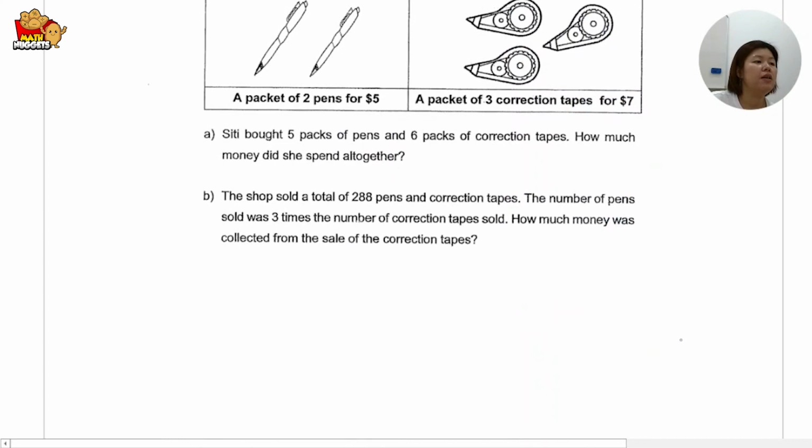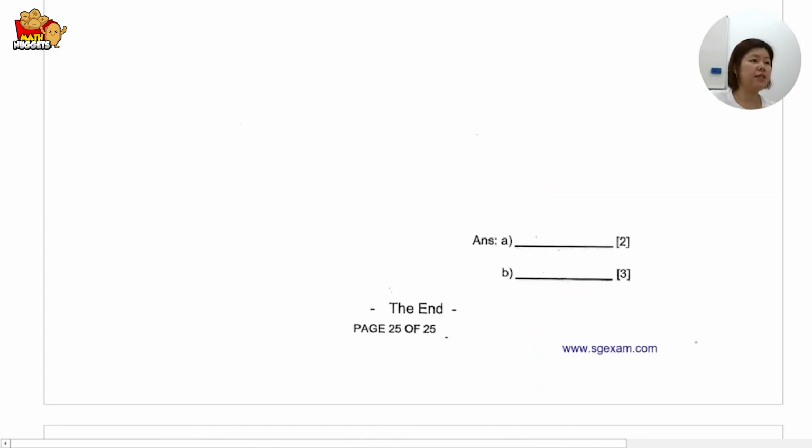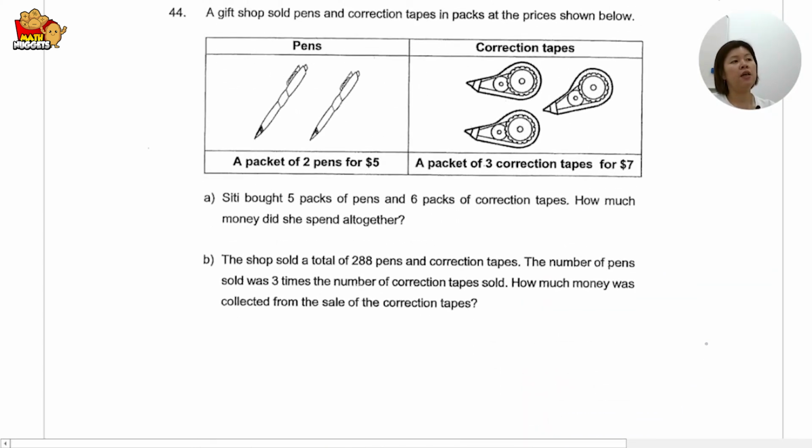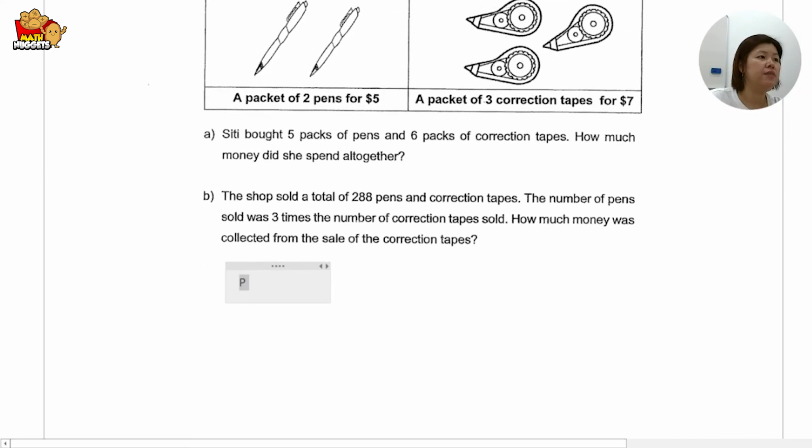Okay, next one. I think it's the last question. Okay, here there is pens and correction tape, but the pens is sold at a packet of 2 pens for $5, and the correction tape is 3 correction tape for $7. Siti bought 5 packs of pen and 6 packs of correction tape. Okay, so let's find our pen first.